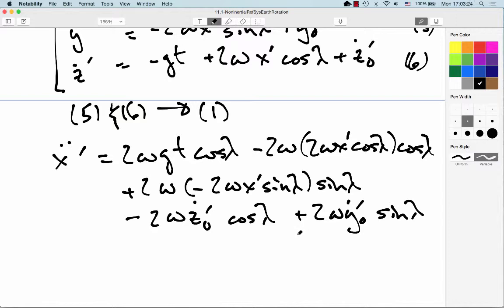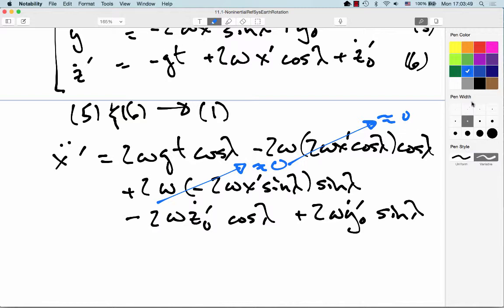All right, that looks heinous, but again, don't freak out. Reason is that this term is approximately 0, and so is that one. Because again, remember, omega is small for the rotation of the Earth. So these go as omega squared. So again, we're making them go away.